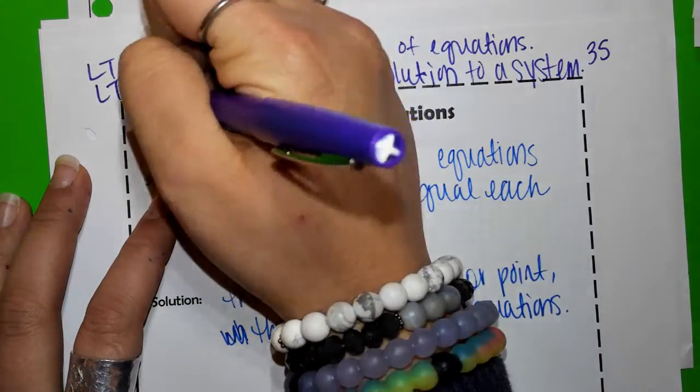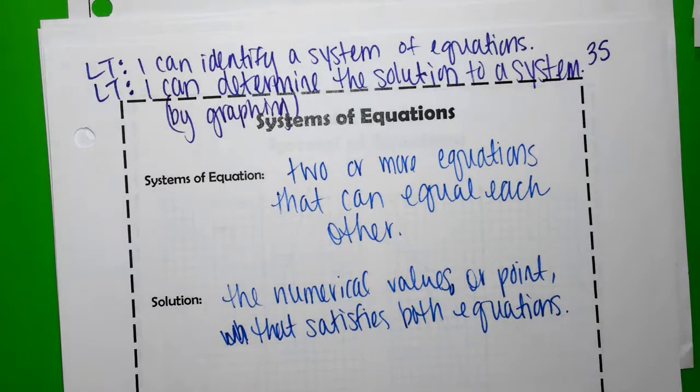Let's put that in parentheses because we may do a little more than that. So do you think the second learning target is level 1, 2, or 3? At least 2, correct? Why? Because it says determine. Could we also make that a level 3 though? Yes, easily. It just depends on what kind of problem we're doing, right?